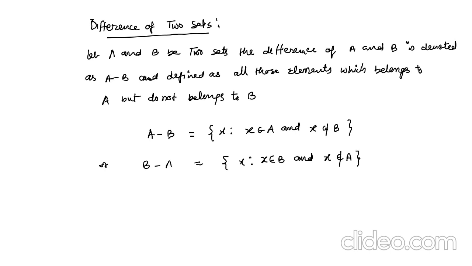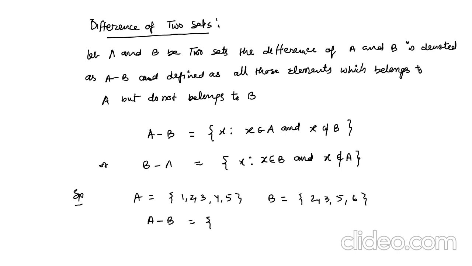For example, numerically, suppose A has 5 elements, 1, 2, 3, 4, 5, and B has 4 elements, 2, 3, 5, 6. So what is A minus B here?